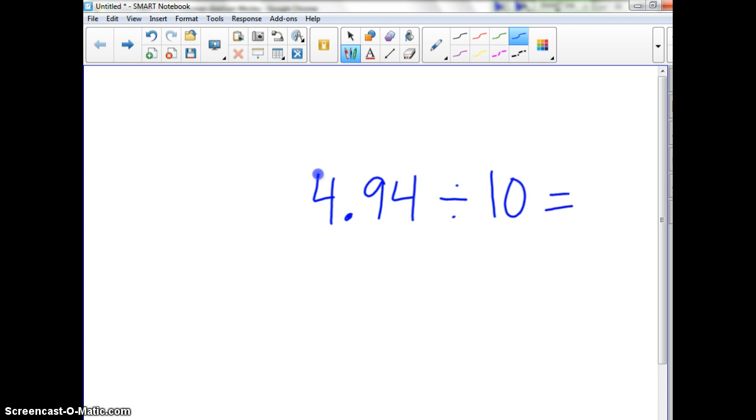There we go. Everybody copy down that problem. I want the answer above it or below it, whatever works for you. America, share with me how to solve this problem.